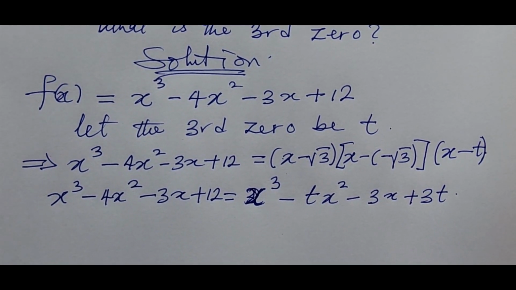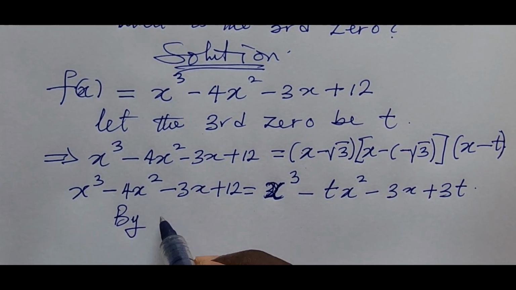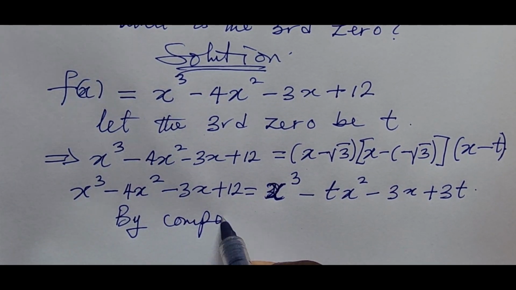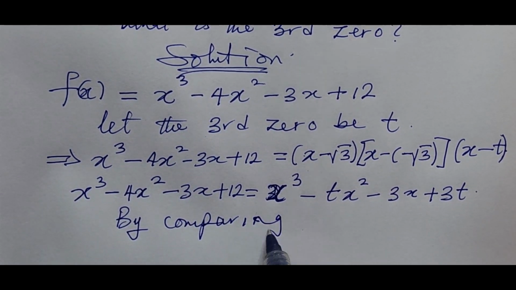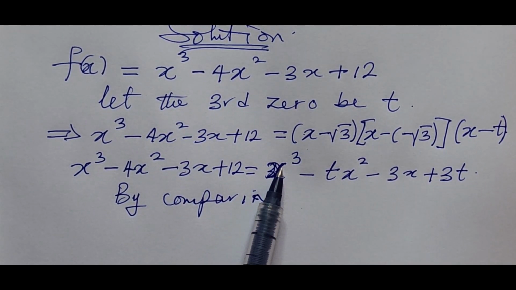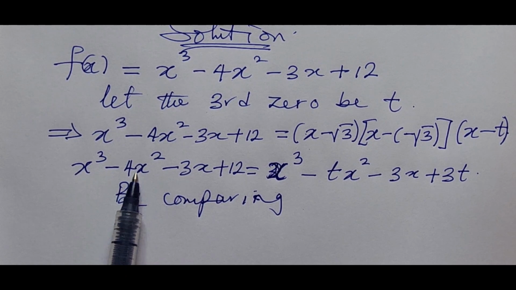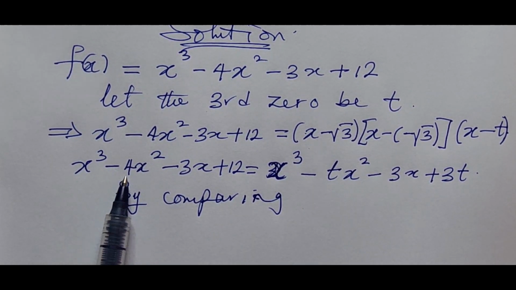Okay, so what we do by comparison, we're going to draw some comparison here. By comparing the terms, this one here, we're having t x squared, we're having a 4x squared.